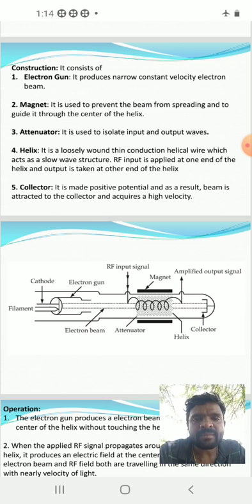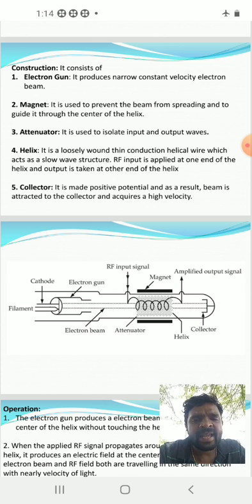Helix is a loosely wound thin conducting helical wire which acts as a slow wave structure. The RF input signal is applied at one end of the helix and the output is taken at the other end of the helix.